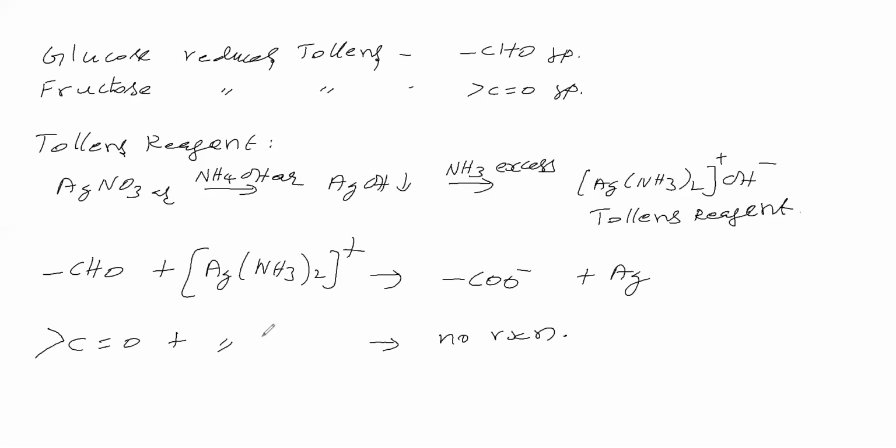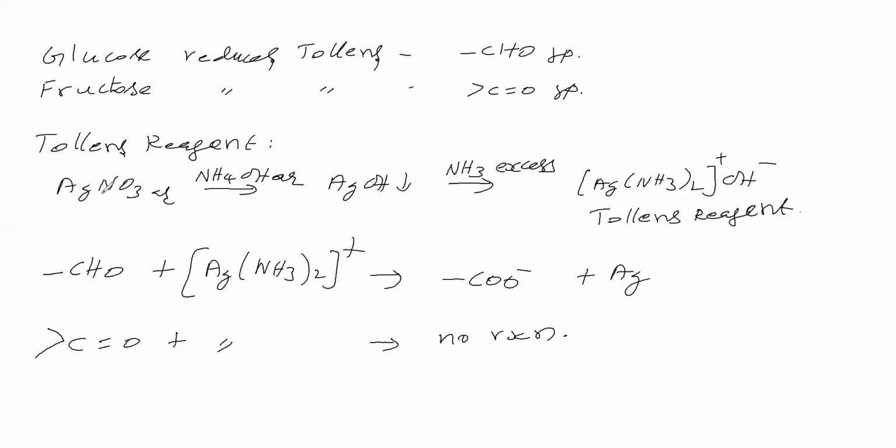Ketone is not responding to Tollens reagent, whereas aldehyde is. So glucose contains an aldehyde group, therefore it reduces Tollens reagent. Fructose does not contain an aldehyde group, it contains the functional group ketone, even then it reduces Tollens reagent. Why is it so? That we will see.